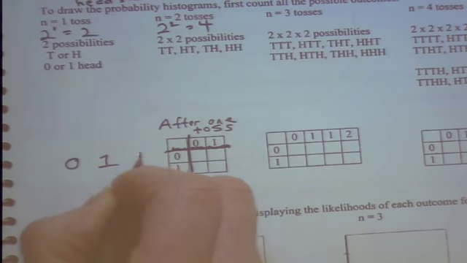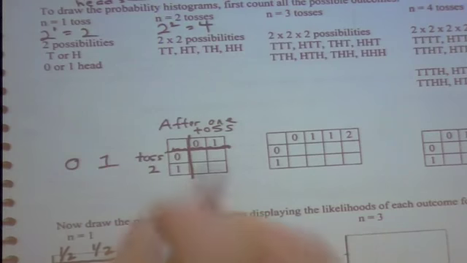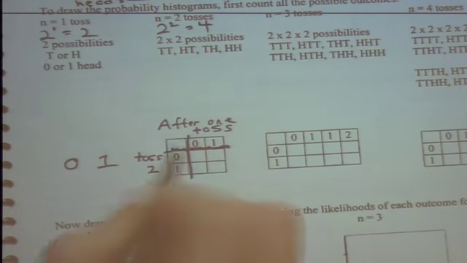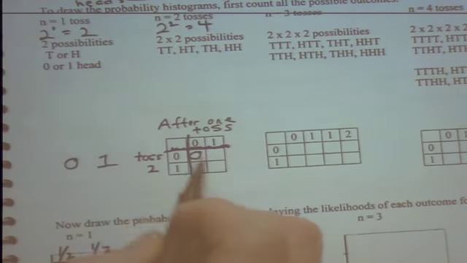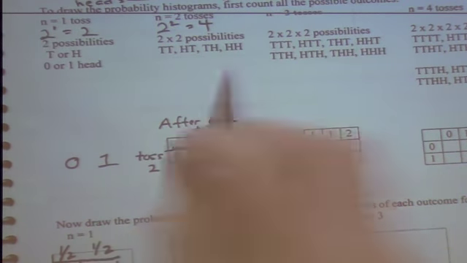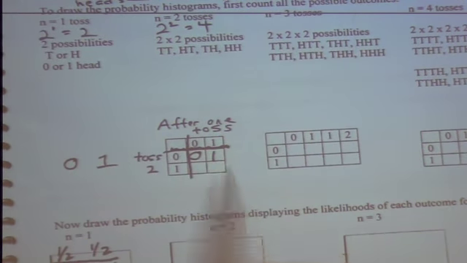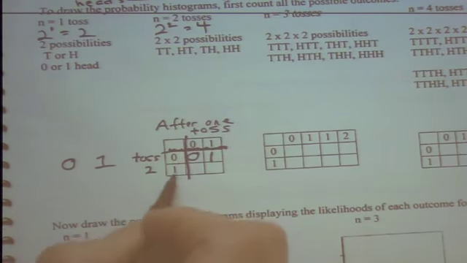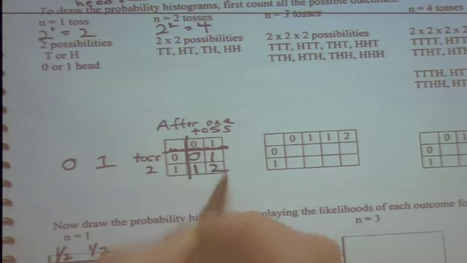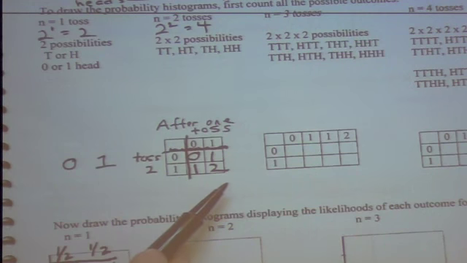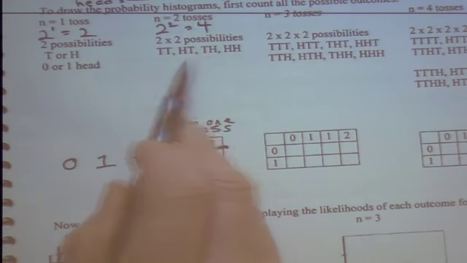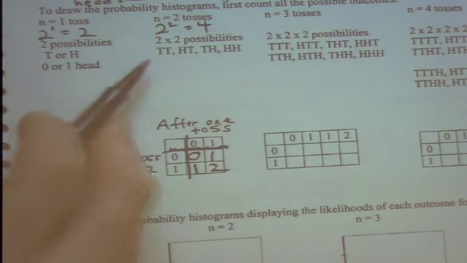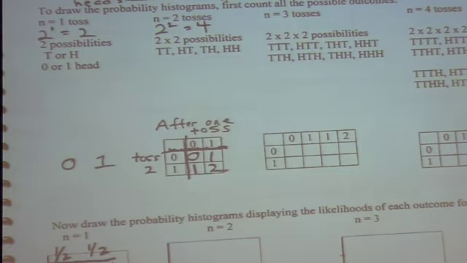Now, on toss 2, you could either get a tail, in which case we'd have 2 tails here, or we'd have a tail and then a head. Or what if we got a head? If we got a head, then we'd end up with 1 head total, or 2 heads. So there's our possibilities. There's 2 ways to get 1 head, 1 way to get 2 tails, 0 heads, and 1 way to get 2 heads.